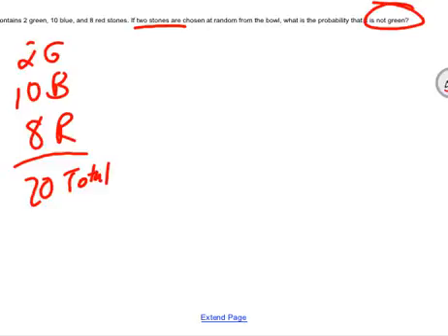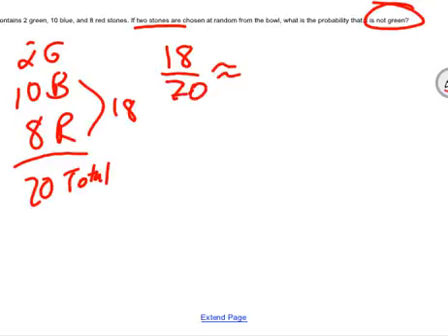So not green, you have to choose blue or red, which is a total of 18. So not green, I would have said 18 out of 20 are chosen at random. The probability of that is going to be 9 out of 10, which equals 0.9. So no matter what is chosen at random from the bowl, it's going to be 0.9. Sweet.